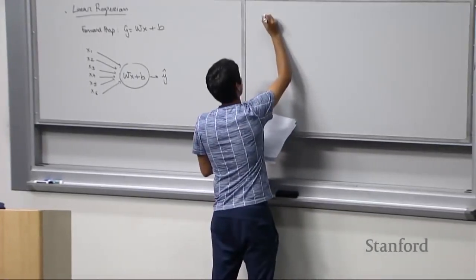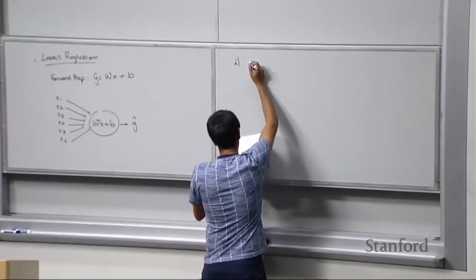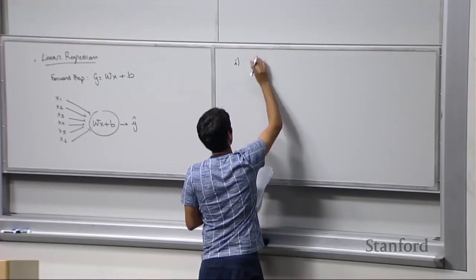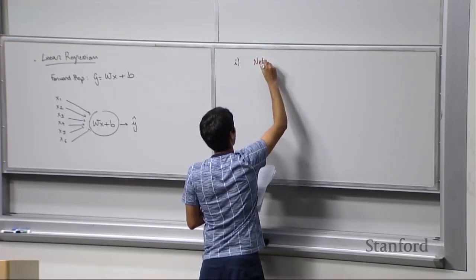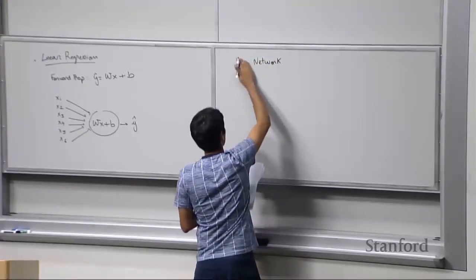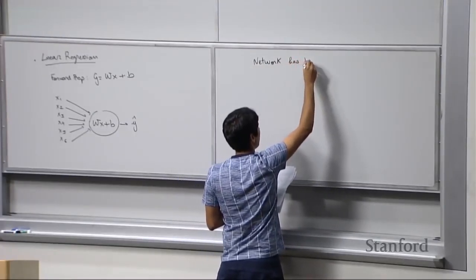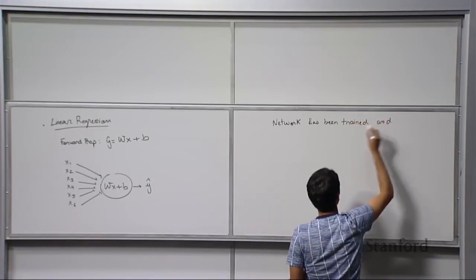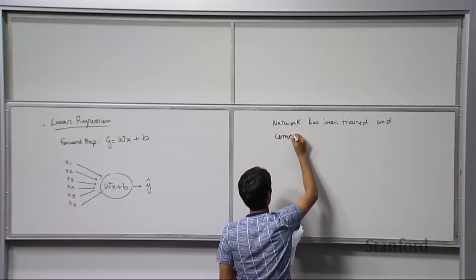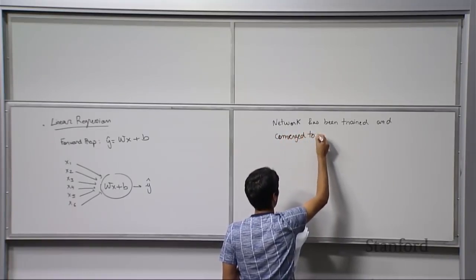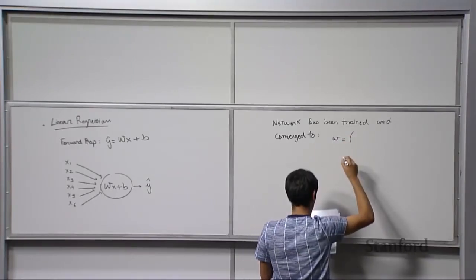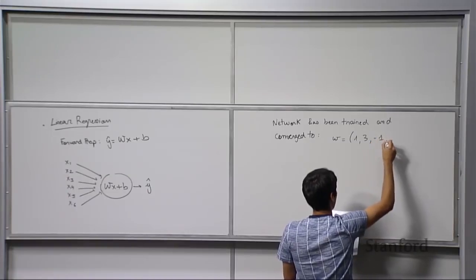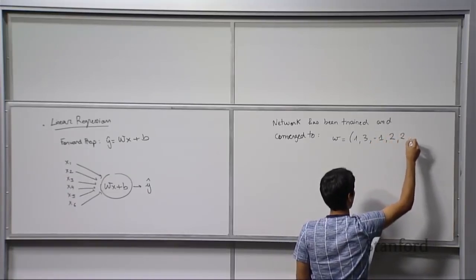Now, let's look at a first example. We've trained our network. The network has been trained and converged to W equals 1, 3, minus 1, 2, 2, 3.